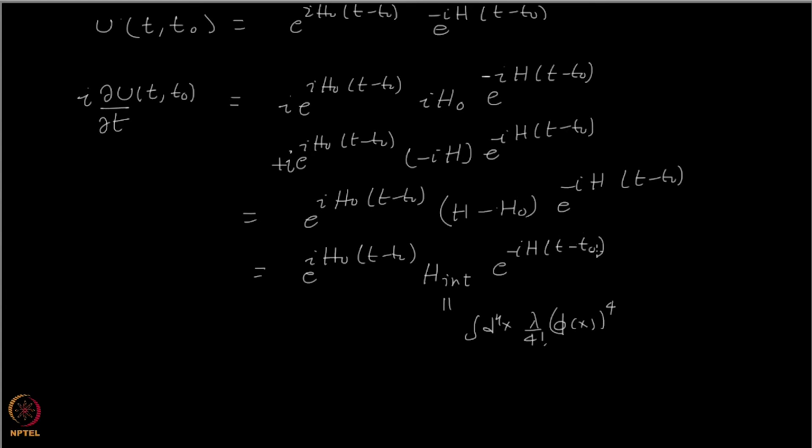Okay, so till now it does not look like much has happened, but now what I will do is, at this location I will insert e to the minus iH naught (t minus t naught) and e to the iH naught (t minus t naught).